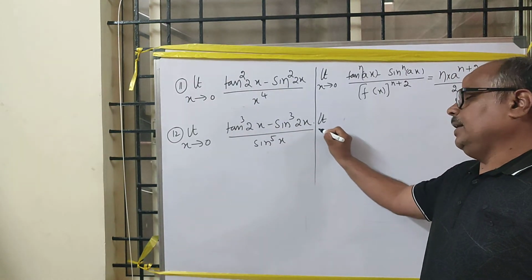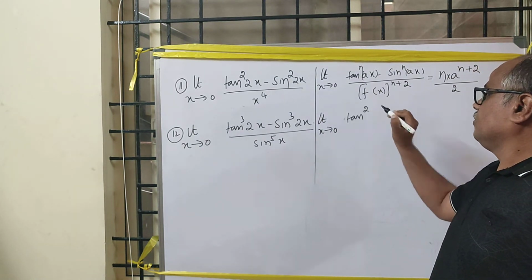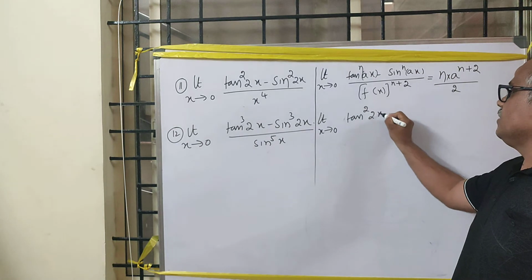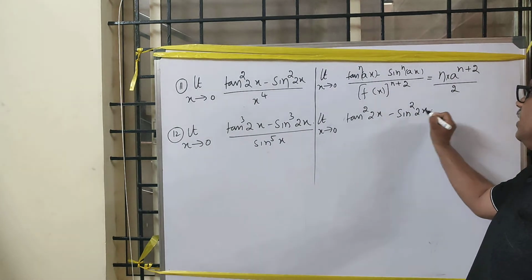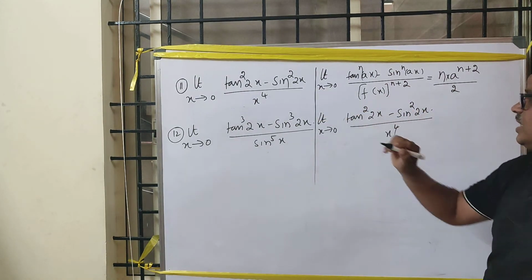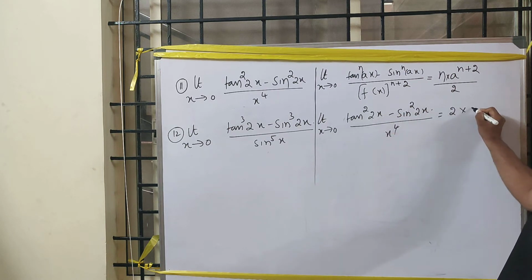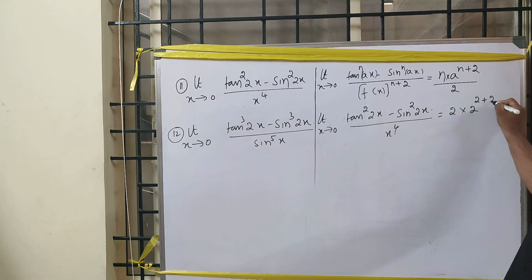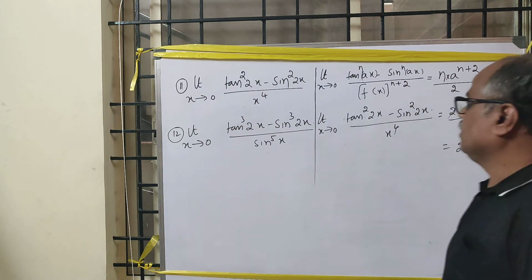So limit x tends to 0, tan square 2x minus sin squared 2x divided by x to the power of 4. 2 plus 2 is 4. So n is 2, a is 2, and n plus 2 is 4, divided by 2. 2 gets cancelled. 2 to the power of 4, the value is 16.